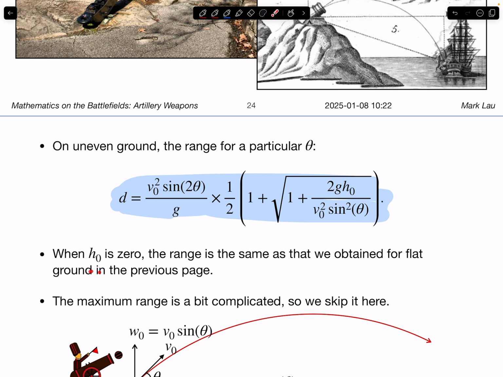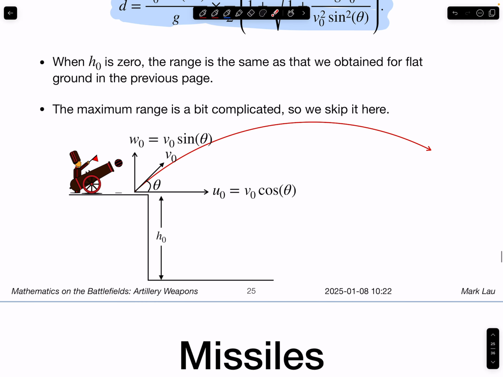When h naught is 0, so when the ground is even, the range is the same as what we obtained. Okay, yeah, got it. The maximum range is a bit complicated, so we skip it here.